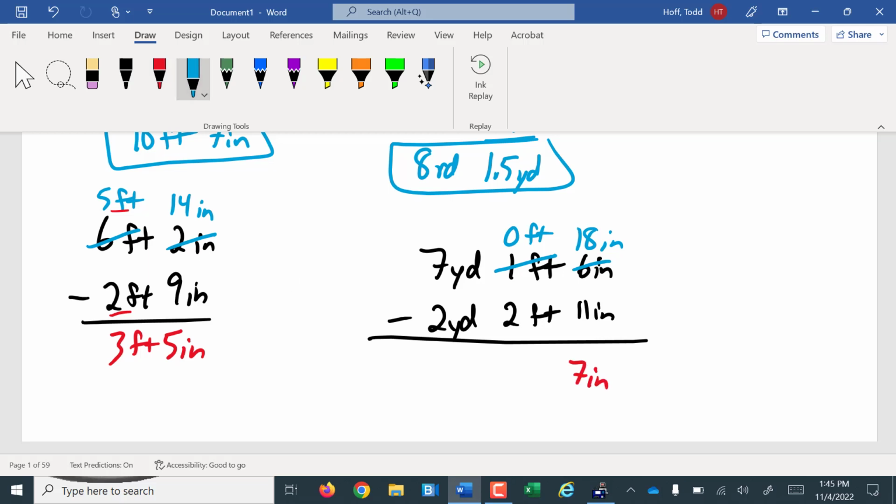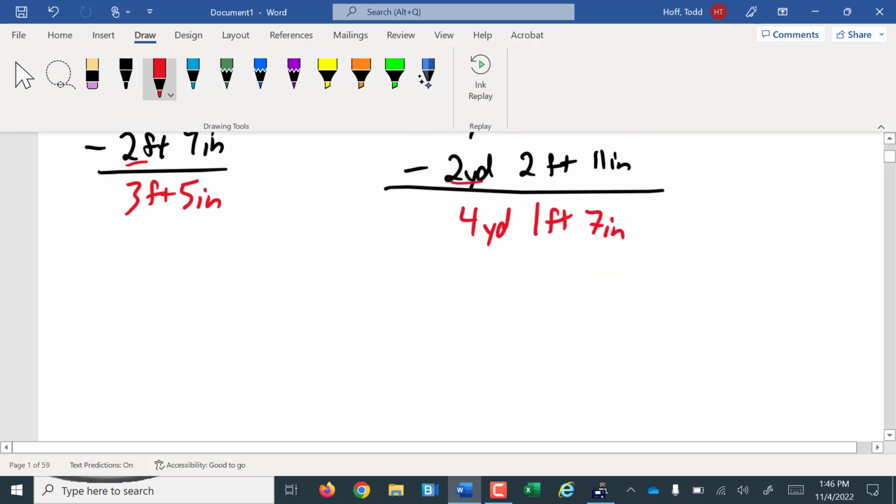Back up top, 0 minus 2 can't be done, so we borrow again. 7 yards becomes 6 yards. This becomes, careful, 3. 1 yard is 3 feet. You're thinking rods. Yeah. 3 feet minus 2 feet is 1 foot. 6 yards minus 2 yards, 4 yards. Good.